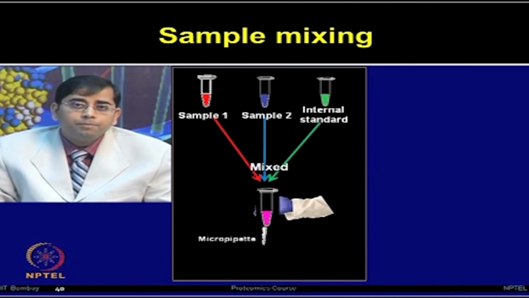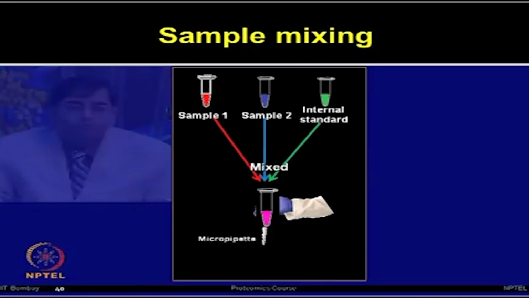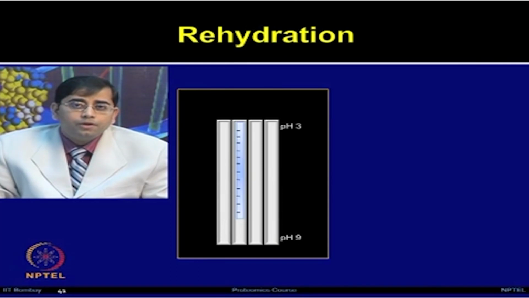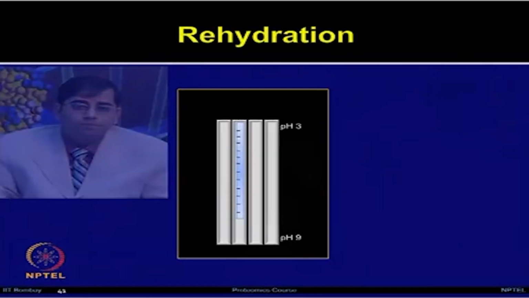So, all 3 labeled samples, Cy3, Cy5 and Cy2, should be mixed in one combined tube. After that, you can take that sample and do the rehydration. We have talked about the rehydration step and the need for it in the previous lecture in the 2D workflow.